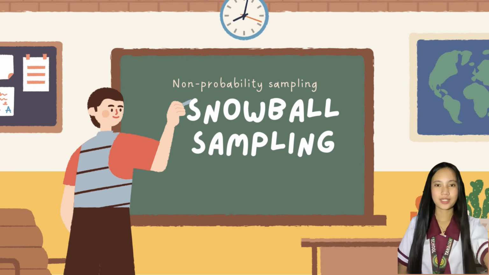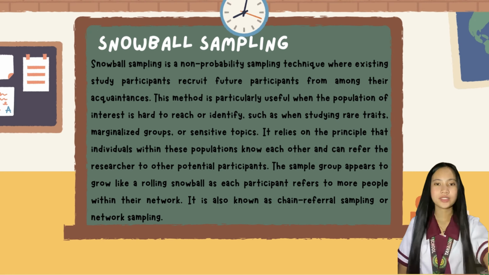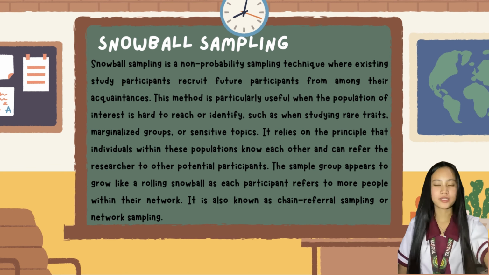Snowball sampling is a non-probability sampling technique where existing study participants recruit future participants from among their acquaintances. This method is particularly useful when the population of interest is hard to reach or identify, such as when studying rare traits, marginalized groups, or sensitive topics.